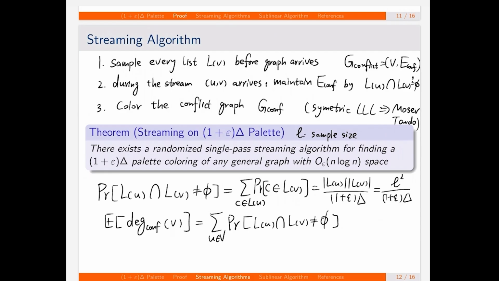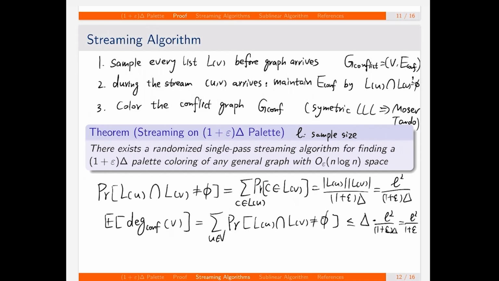We already know that this is less than or equal to delta, the maximum degree, times the probability above, which is L squared over (1 plus epsilon) delta, and this is simply L squared over (1 plus epsilon).